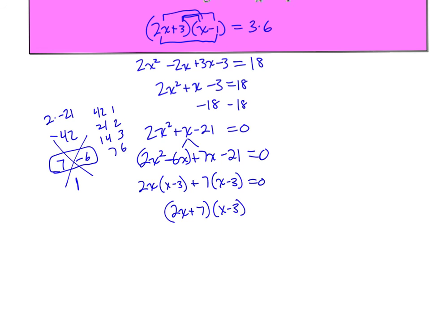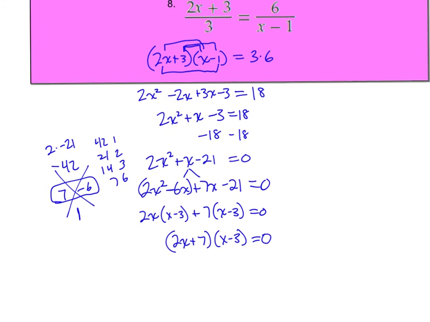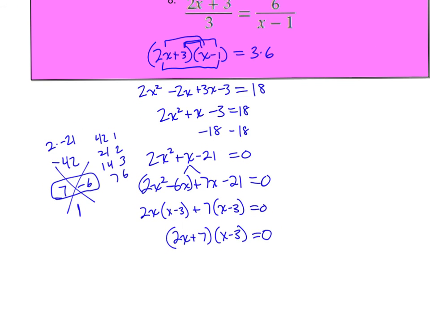So I put together what's on the outside, I put together what's on the inside. Then I look and set each part equal to 0. So x equals 3. 2x equals negative 7, so x will equal negative 7 over 2, or negative 3.5.